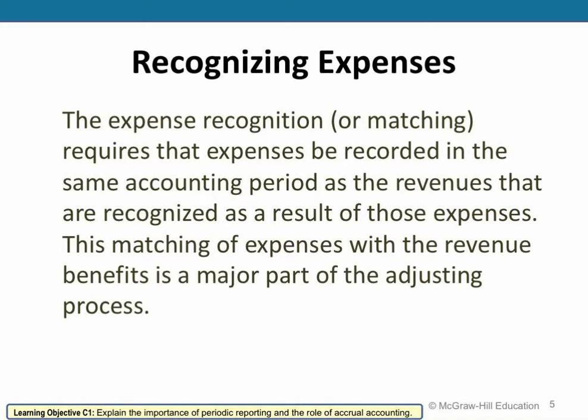We're going to match the expenses, so the paper and the cup and maybe the plastic and the lid, in the same time period as when that cup of coffee was delivered and provided to the customer.